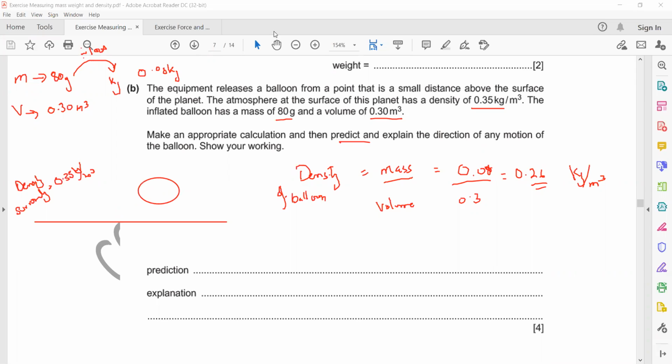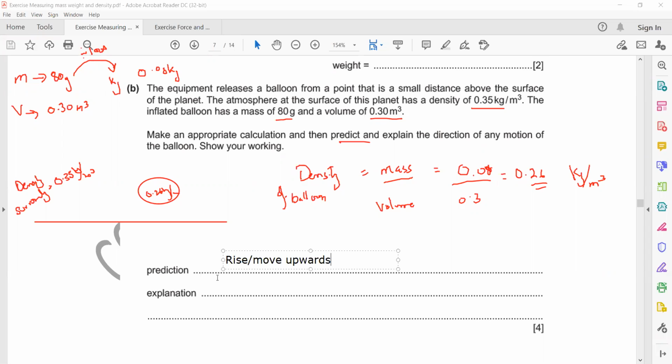The density of the balloon is 0.26 kilogram per meter cube. The density of the balloon is less than the density of the atmosphere. That's why this balloon will rise, or it will move upward.